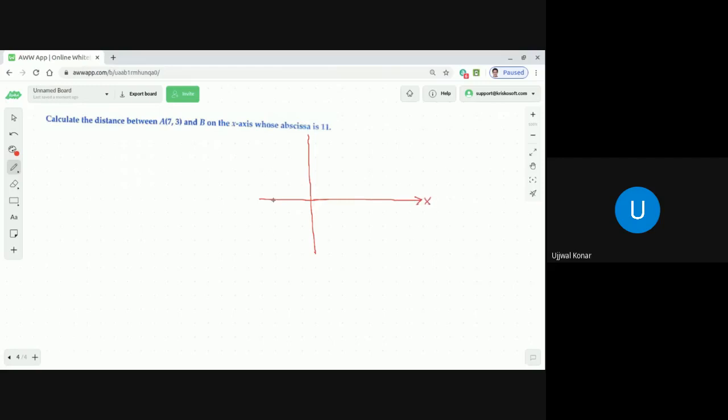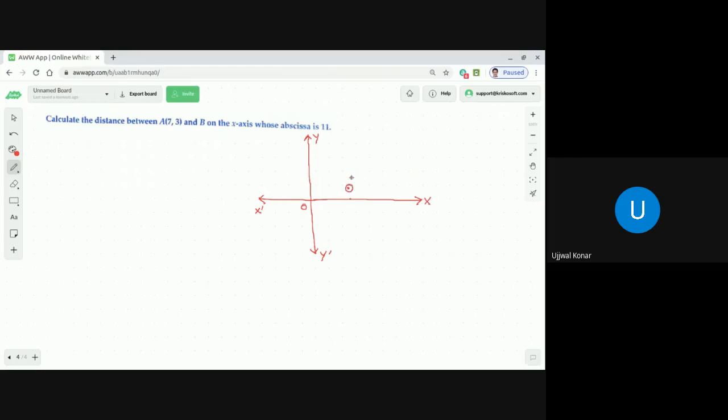If we see, this is x-axis, this is x dash, this is y-axis, this is y dash, and this is origin. So 7, 3 could be a point something like this.